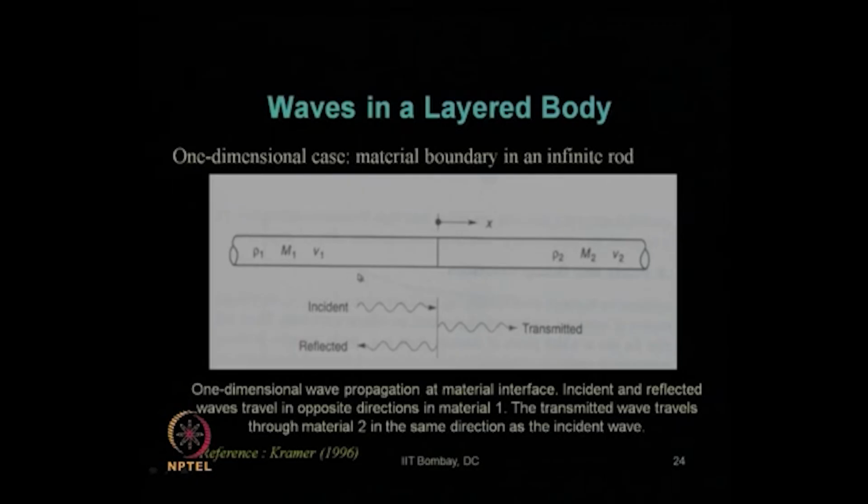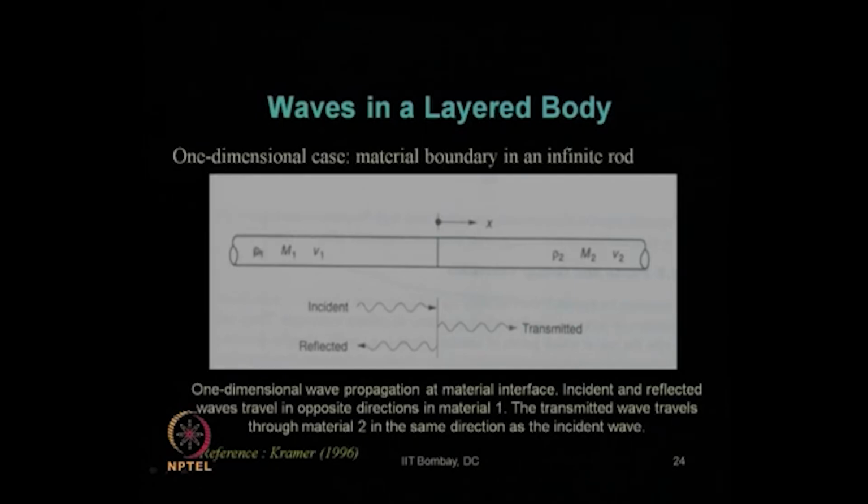We have material 1 as we have discussed just now, and this is material 2. Suppose our x coordinate we are defining from this boundary onwards. So, this is our positive x, this is our negative x, and this boundary demarcates the point x equals 0. This is the incident wave from material 1, this is the transmitted wave in material 2, and this is the reflected wave in material 1 again.